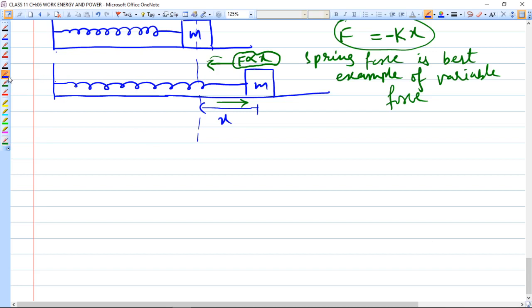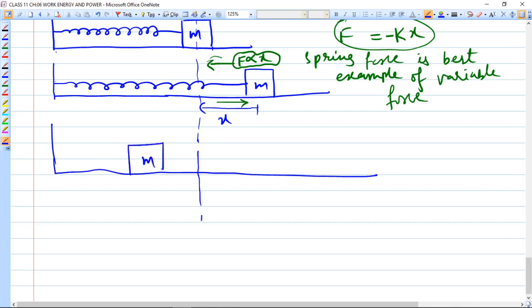And one more case that I want to discuss with you: it is not only that spring force is generated when we stretch the spring. I think you have experienced that if you compress the spring, then also a restoring force gets generated.